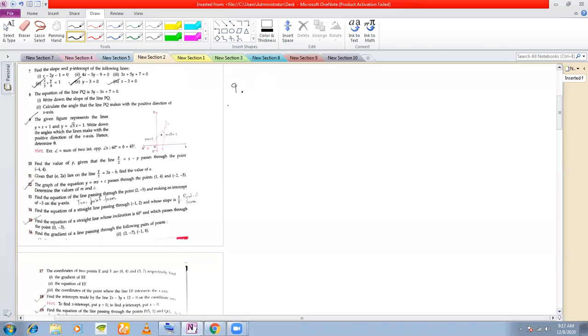If you read this problem, it states that the given figure represents lines y is equal to x plus 1 and y is equal to root 3x minus 1. Okay, let's draw the figure because the figure is hardly visible here. This is one of the few problems where a figure is given.